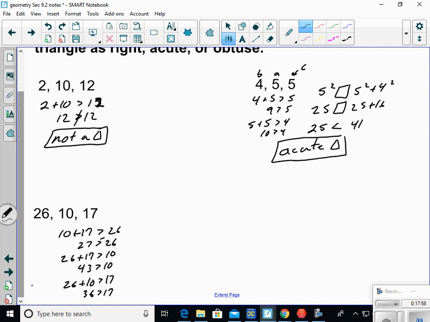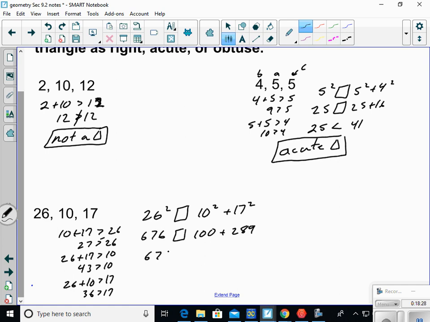Now to figure out what kind of triangle. 26 is our longest side, so 26 squared compared to 10 squared plus 17 squared. And 26 squared is 676. Comparing that to 10 squared, which is 100, and 17 squared, which is 289.